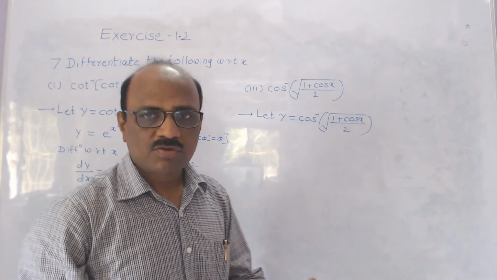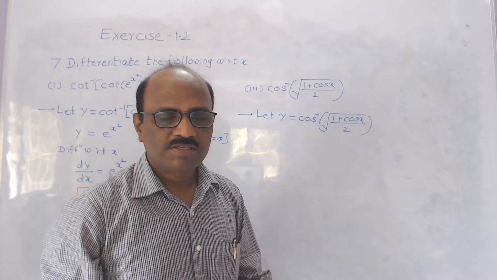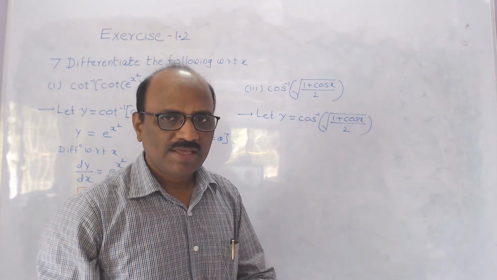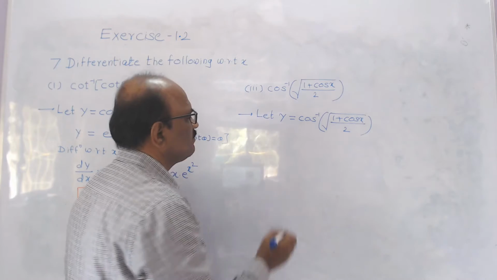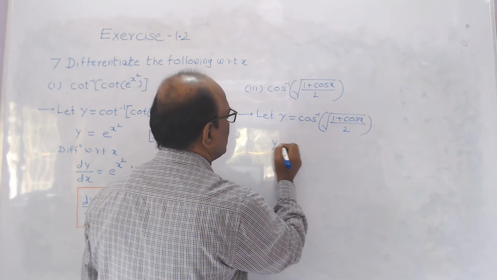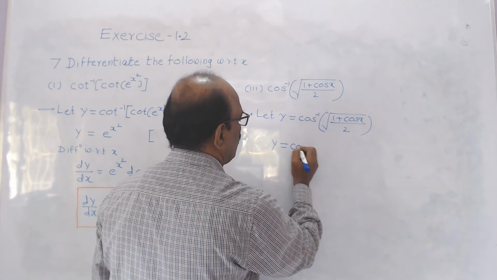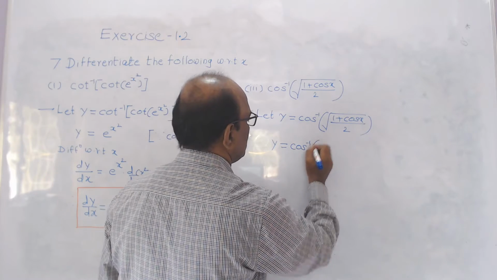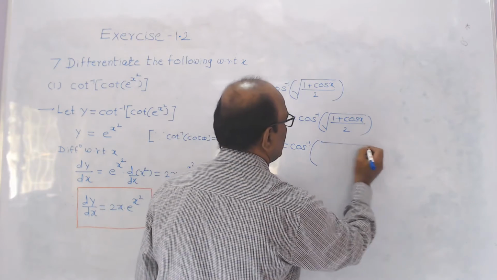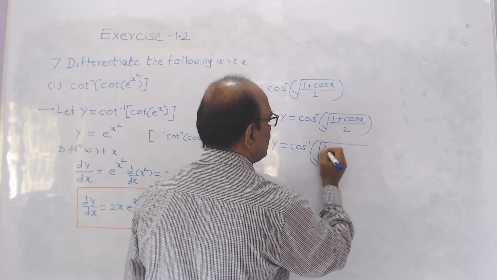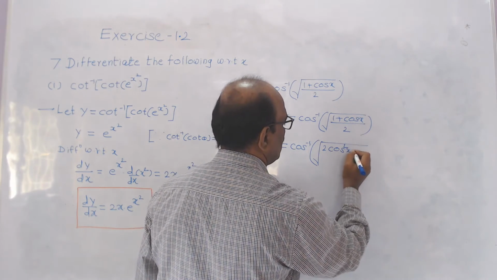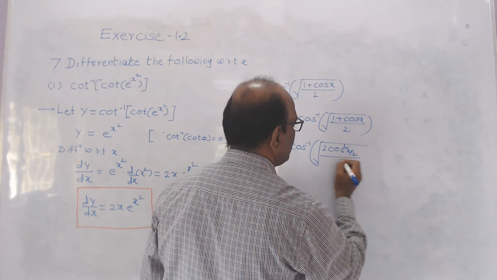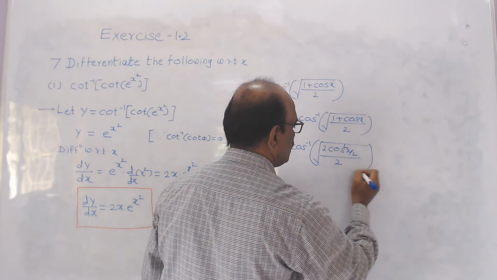What is 1 plus cos of a? 1 plus cos of a is equal to 2 cos square a by 2, whatever the angle. And therefore here I will write cos inverse in bracket root of 2 cos square x upon 2, and this whole divided by 2.